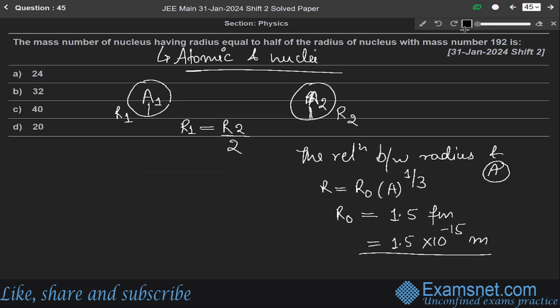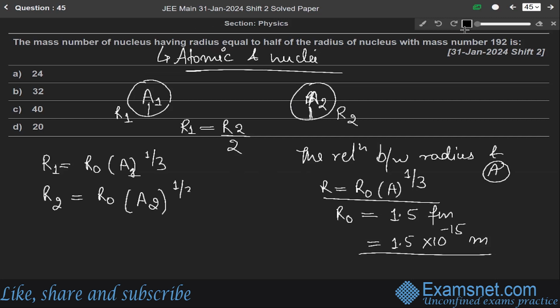So applying this formula, R1 will be equal to R naught A1 to the power 1 by 3, and R2 equals R naught A2 to the power 1 by 3.